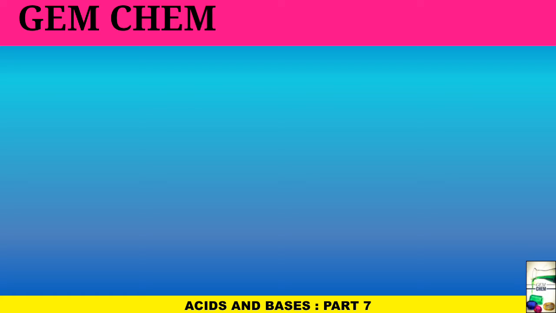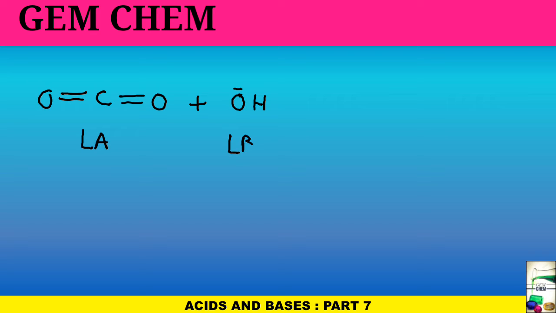If you draw CO2 first, it looks like this, O double bond C double bond O, and if OH minus is added, in this case CO2 acts as the Lewis acid and OH minus acts as the Lewis base, and this OH minus attacks the carbon present here and one of the double bonds opens, and what we get ultimately is O double bond C, O minus, OH.